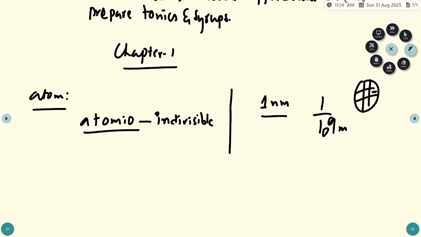It's very finest particle. ఇంకా సబ్ పార్టికల్స్ ఉంటాయి.